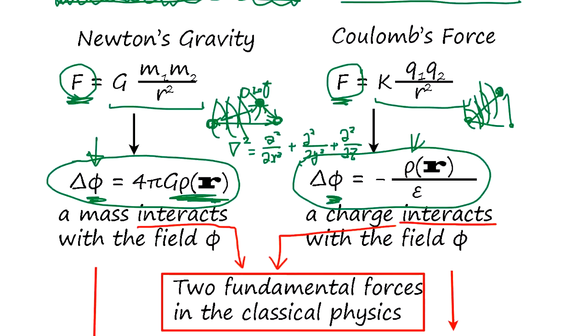So the charge for Coulomb's force and the mass for Newton's gravity create a field, and the fields interact. So that is evolved classical physics.